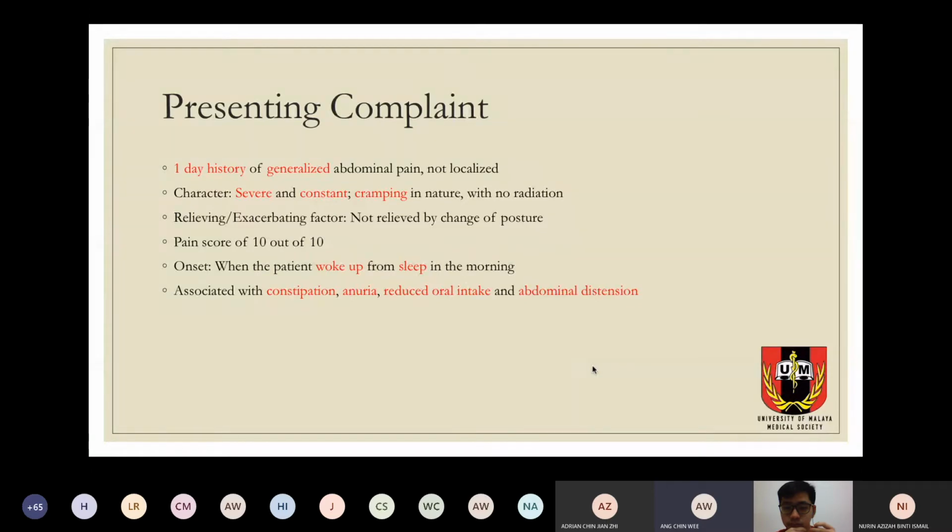Then there's distension. But when you take history, you've got to work out what are the specific clues and what are, I wouldn't say useless, but very generic symptoms that don't really help you come to a diagnosis. For example, reduced oral intake: is that really going to point towards any differential diagnosis? No, it doesn't.